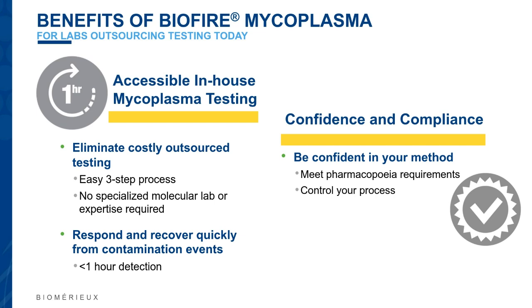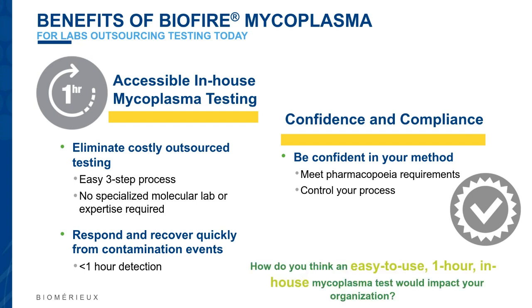And the most important, we create confidence and compliance. Be confident in the method you use. You will meet the pharmacopoeia requirements, and you have your process under control. And also, how do you think an easy-to-use, 1-hour in-house mycoplasma test will impact your organization?